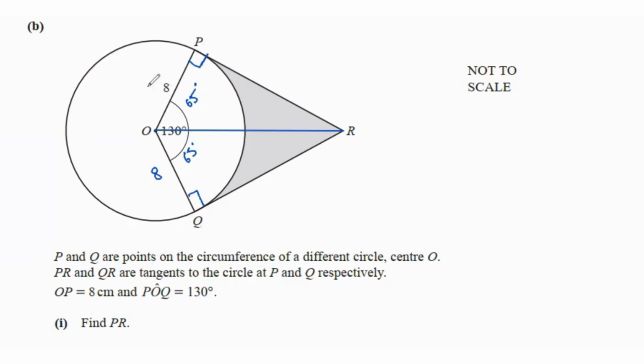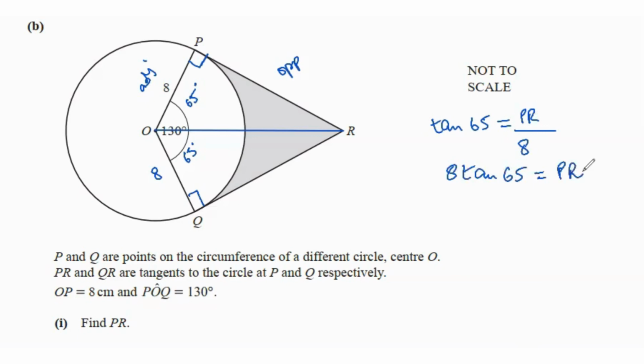We have the adjacent, and they want us to find the opposite. So tan of 65 equals PR over 8. So that's 8 tan 65. So 8 tan 65 is going to equal 17.16 centimeters.